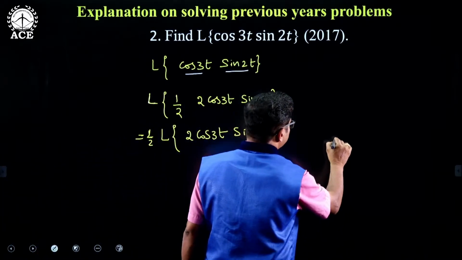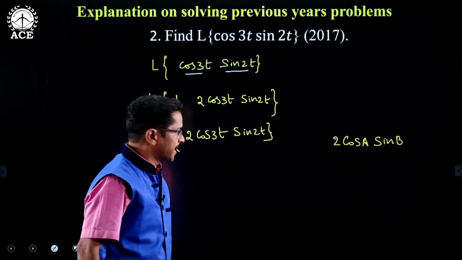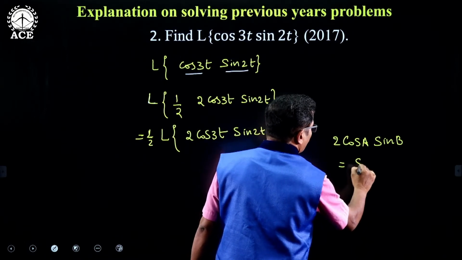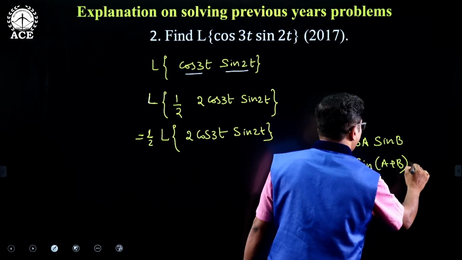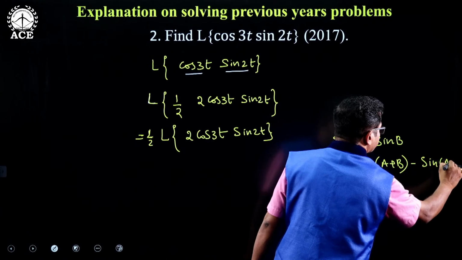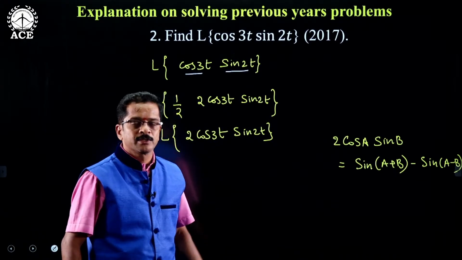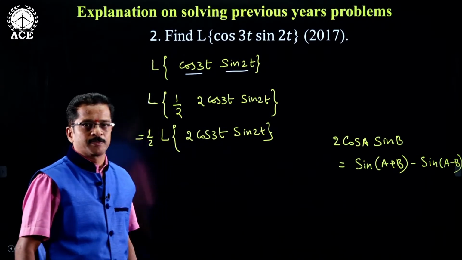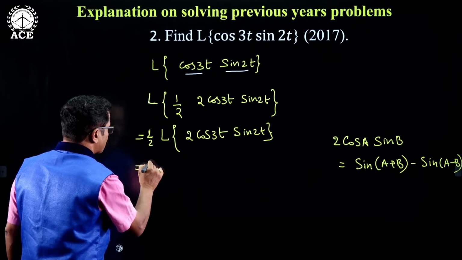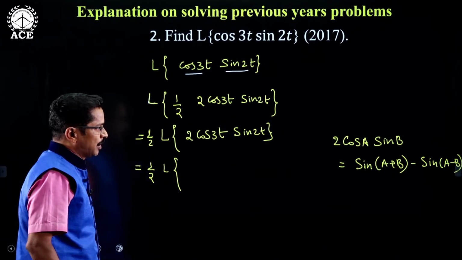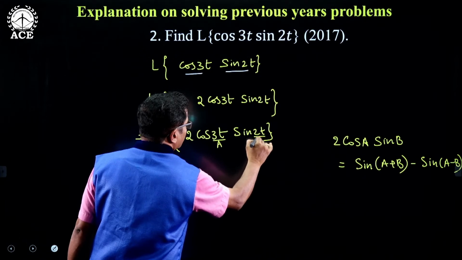How? We have one formula, that is 2 cos A sin B equals sin of A plus B minus sin of A minus B. Okay. 2 cos A sin B we can write as sin of A plus B minus sin of A minus B. Then you can easily reduce this, means 1 by 2 into L of sin of, in the place of A we have 3t, in the place of B we have 2t, that I am substituting.